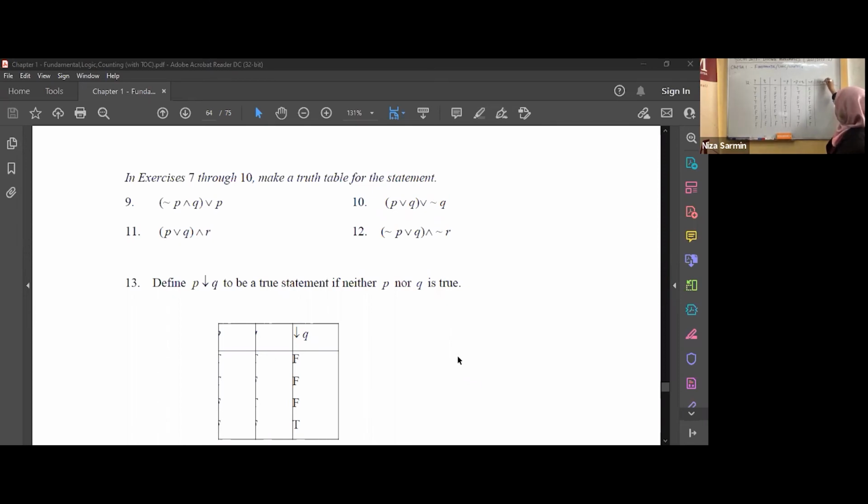Not P or Q, and not R. So F, T, F, T. The only one that's T will be if both are T. Let me know if I make a mistake. Okay? Magic word, okay?